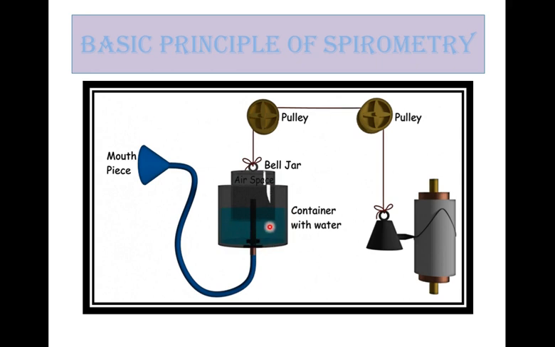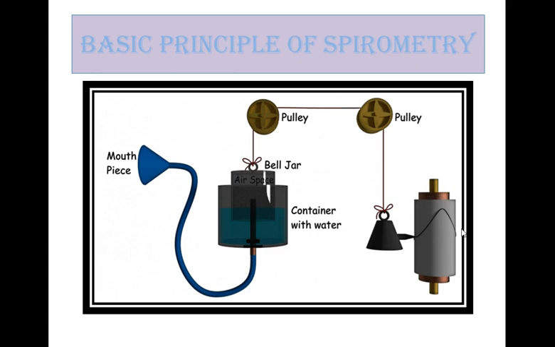In that jar there is a fluid, and on the top there is a space. The bell jar is inverted, and the base of the bell jar is attached to a rope which passes through two different pulleys. The other end of the rope is attached to a weight. There is a sharp pointed end that is also attached to this weight.